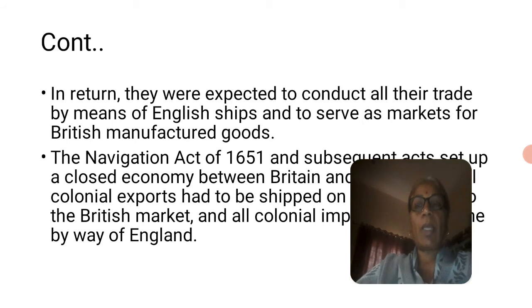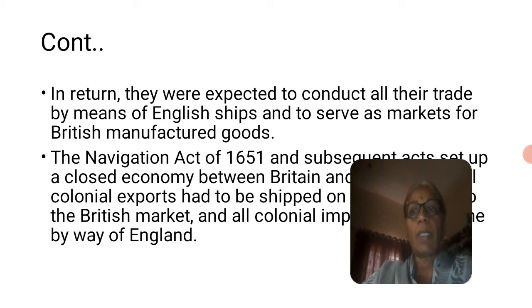The Navigation Act of 1651 and subsequent acts set up a closed economy between Britain and its colonies. All colonial exports had to be shipped on English ships to the British market, and all colonial imports had to come by way of England.